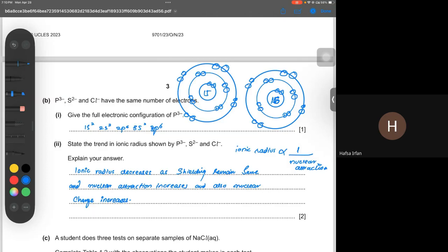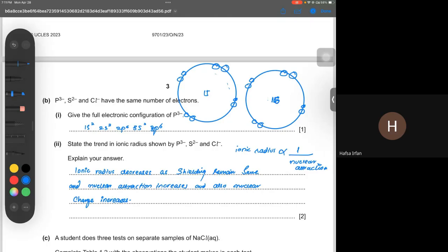Shielding remains the same. You know why? Because the total number of shells remains the same, and of course, the proton number increases. So to cancel the same effect, I'm going to remove the inner shells, because the repulsion between inner electrons is the same. I remove them so that I can study the force of attraction between the nucleus and the outer electron.